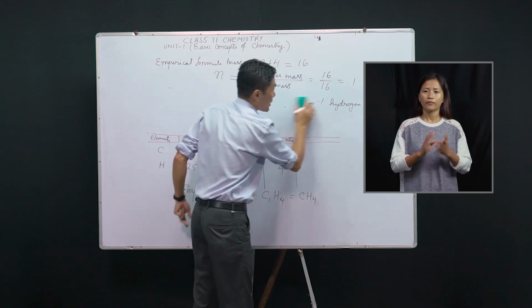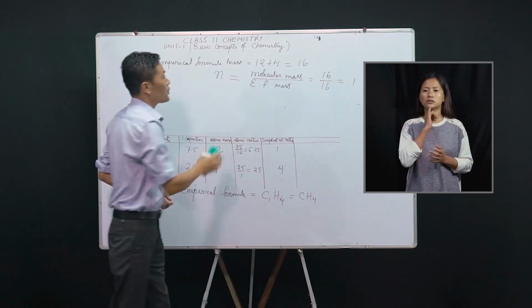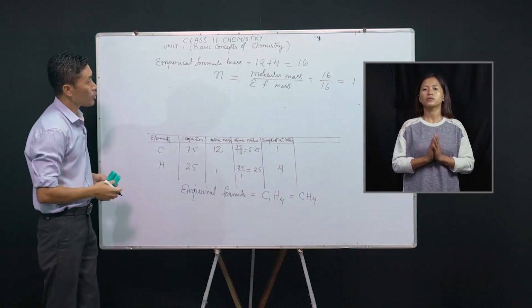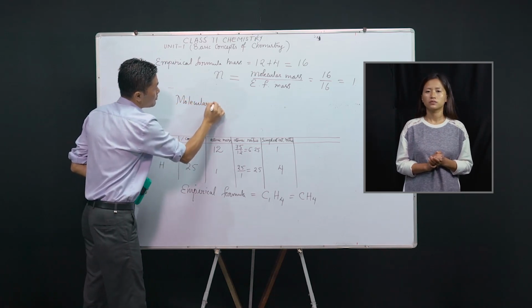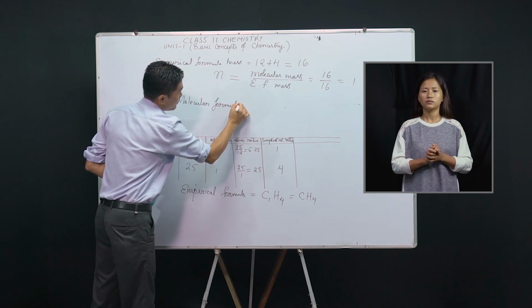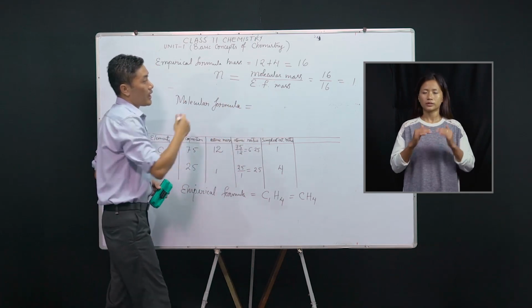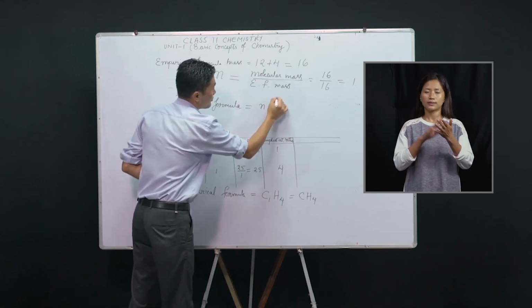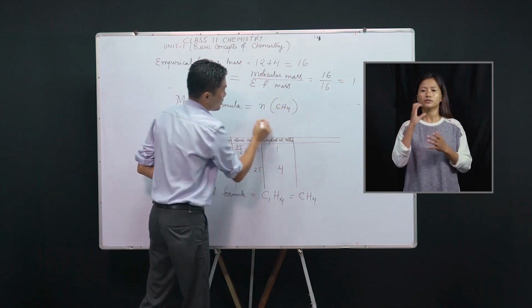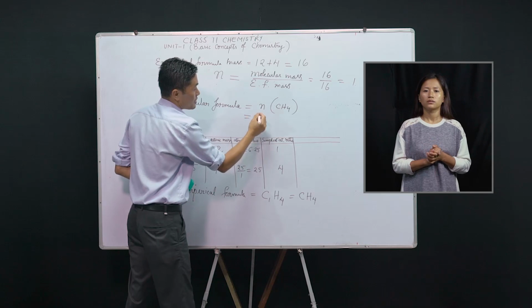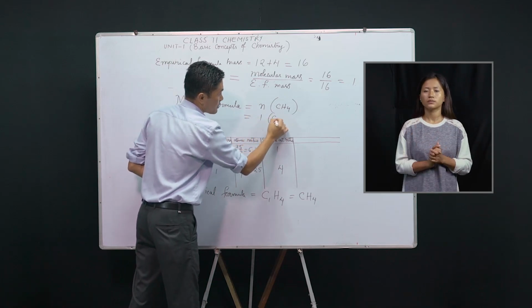The molecular formula is equal to N times the empirical formula. So the molecular formula will be equal to N times the empirical formula, which is CH4. N is 1 in this case.